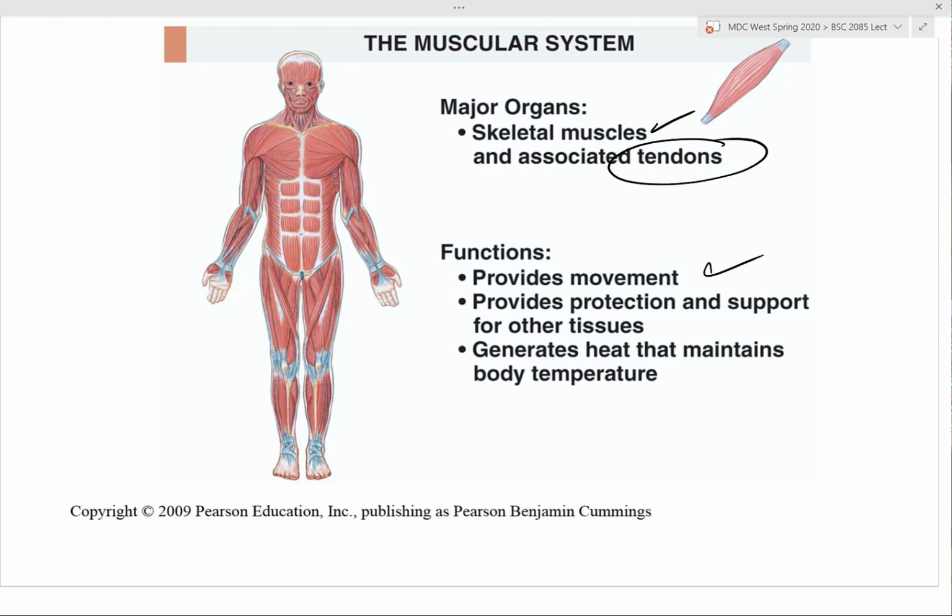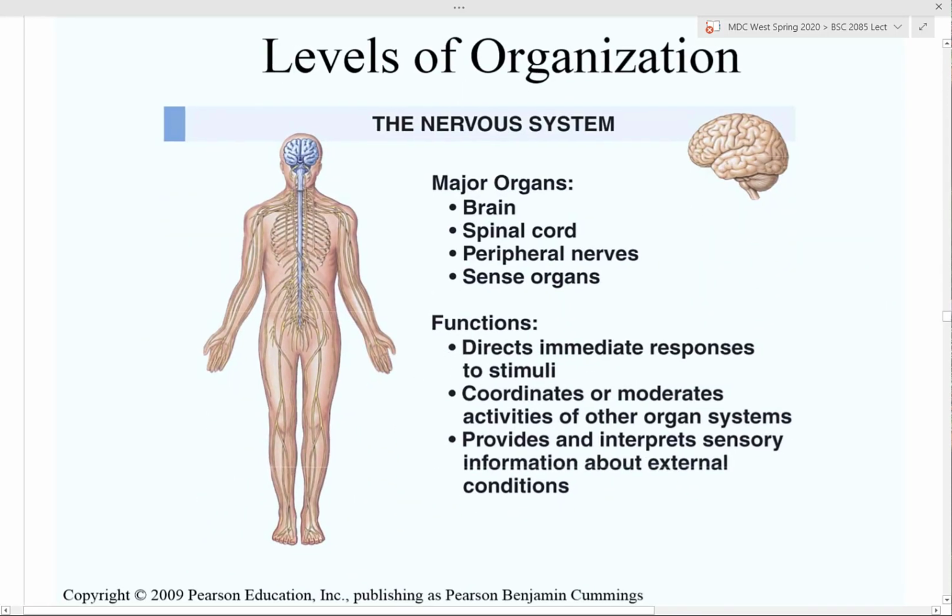All right? So, protection and support, and it generates heat for maintaining temperature. Okay? So the next one is your nervous system. The nervous system is divided into your central nervous system and your peripheral nervous system. The central nervous system is composed of your brain and your spinal cord.